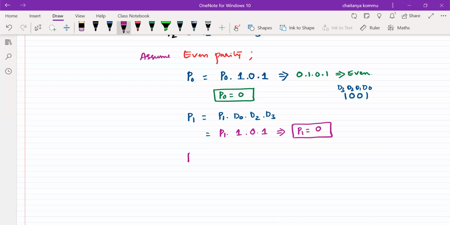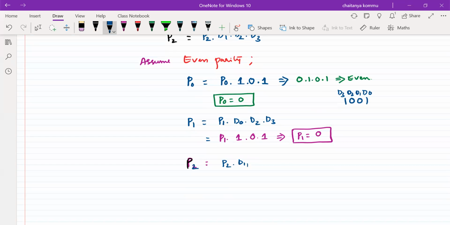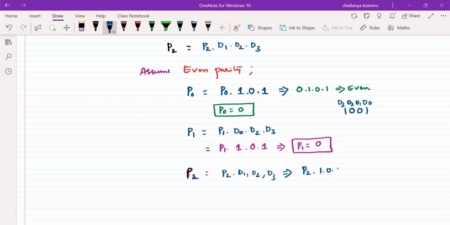Next, P2. P2 requires D1, D2, D3. What do I have to write now? P2 is required. These values are 1, 0, 0, then in different order 0, 0, 1.